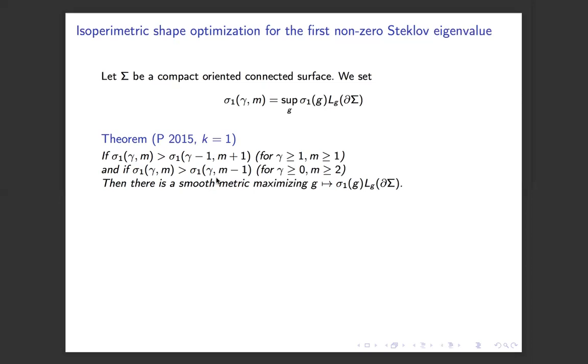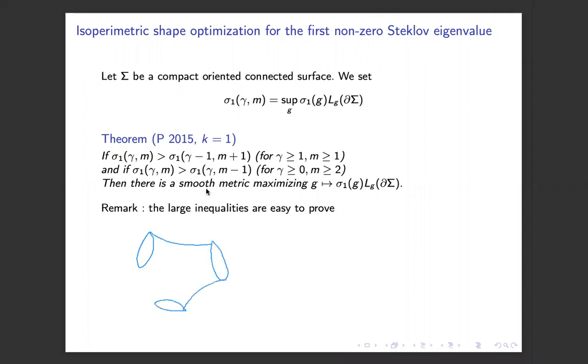So one remark is that the large inequalities are very easy to prove. Let me give you a sketch, a drawing for it. So to prove this kind of result, what we do, we take a surface for the first strict inequality, for instance, this one.